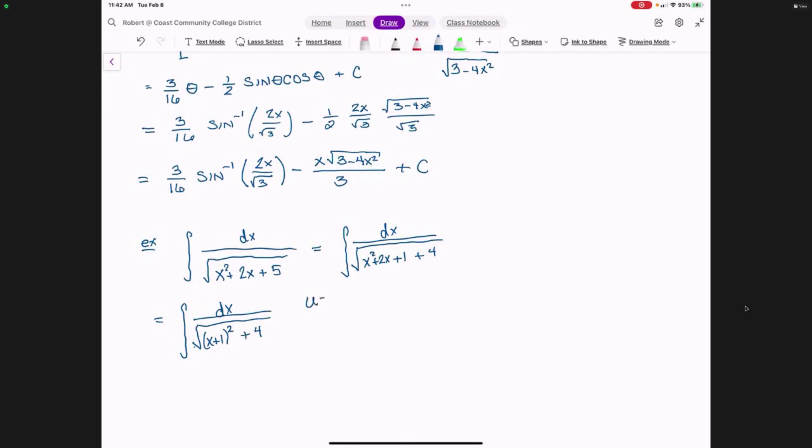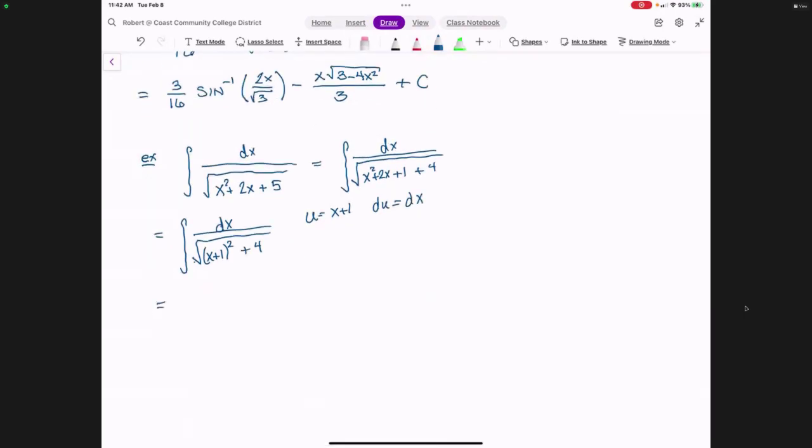Then if you let u equal x plus 1, du would just be dx. And so you then proceed with this guy. And go. You're going to let u be 2 tangent.